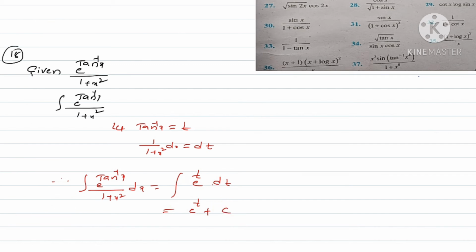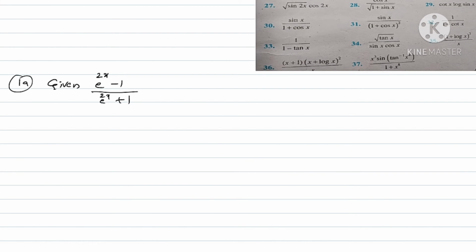This is the solution of this problem by using substitution. Now we have to make the conclusion. Therefore the integral is equal to e power, what is t? The t value is simply tan inverse x plus c. This is the solution. Clear?